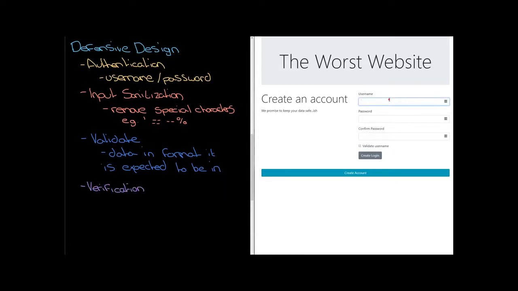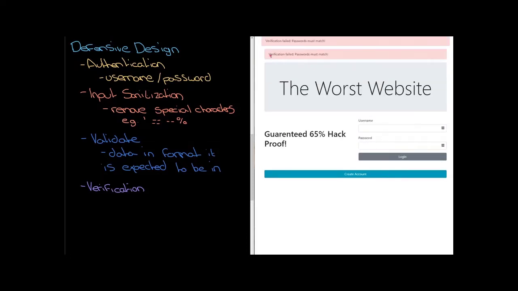If I try to create a new account, let's just call it NWHO like that, and then I type in the password, but perhaps I fudge it a little bit. I type something wrong when I'm doing it, and my password's not what I expect it to be, and I hit create login. It doesn't let me create my user account because my passwords don't match. So that's verification there. It's checking to see that users have entered what they thought they had.